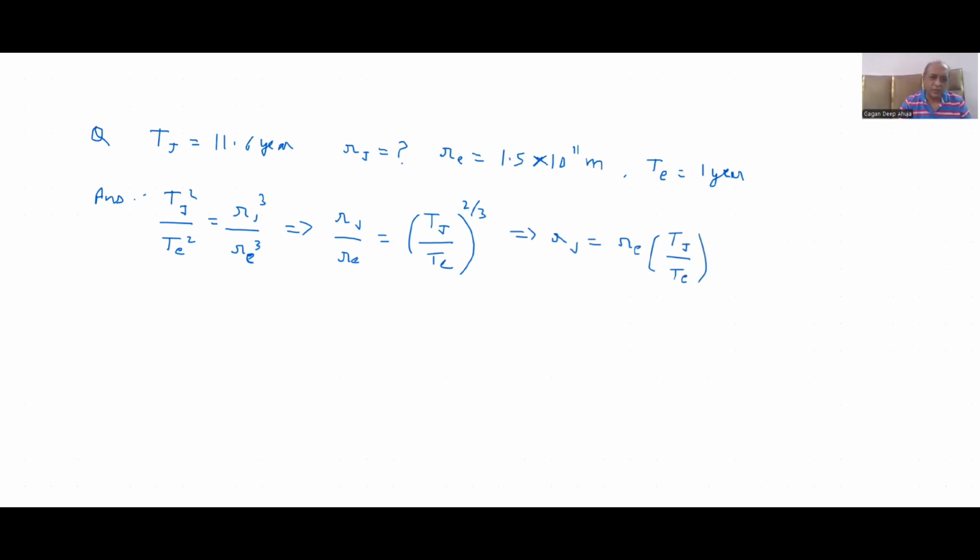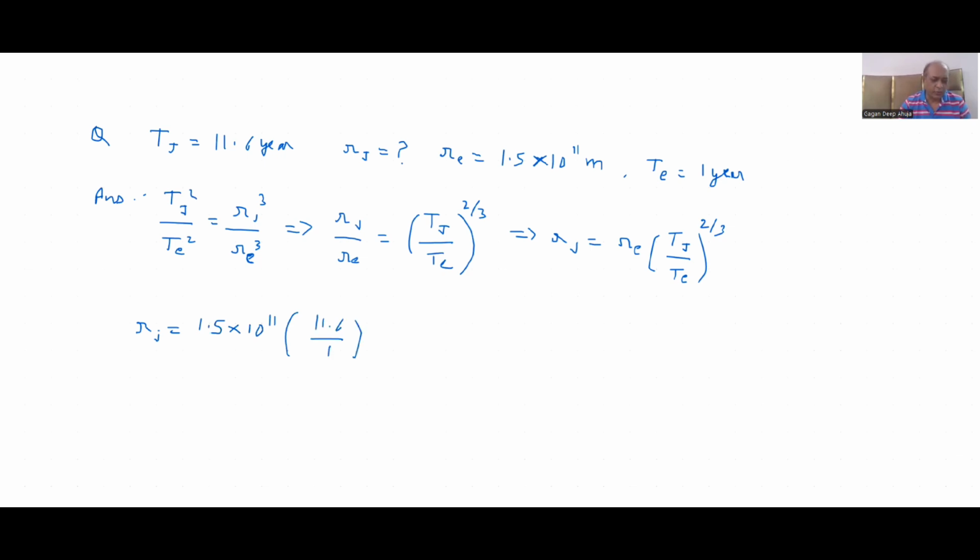So now let us put the values over here. Rj will be equal to Re, which is 1.5 into 10 raised to the power 11, multiplied by Tj, which is 11.6, divided by 1, raised to the power 2 by 3.